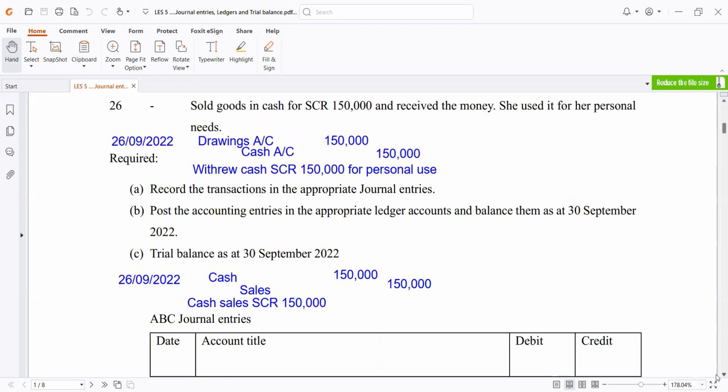Then the second thing was to post the accounting entries in the appropriate ledger accounts and balance them off. In regards to that, we also need to extract the closing balances. Then part C, we are required to prepare a trial balance as at 30th September 2022.